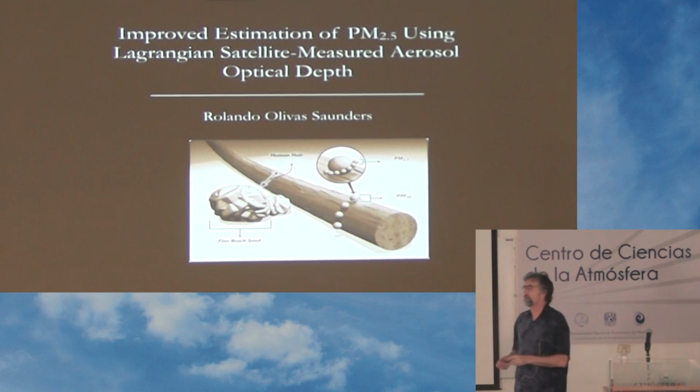So PM 2.5 is particles of this size, very tiny. They can be inhaled. They can penetrate into the lungs. They can have negative effects on human health, especially for sensitive groups like babies and old people or people with respiratory problems.